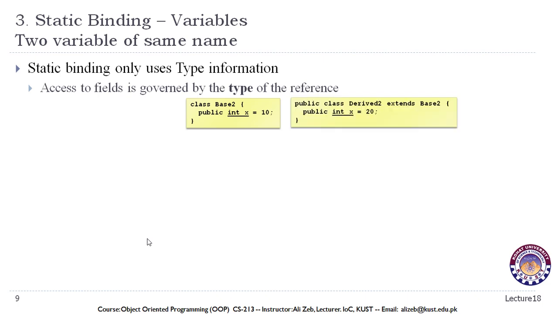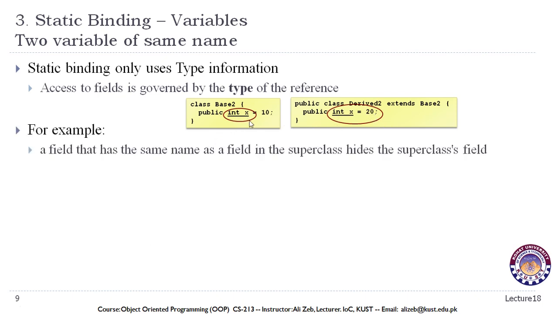For example, we have a class Base2 that has a variable int x = 10, and we have a class Derived2 that extends the Base2 class with exactly the same variable int x that is initialized to a different value. We see here we have two variables with the same name in these two classes. This is the derived class and this is the superclass. A field that has the same name as the field in the superclass hides the superclass's field.